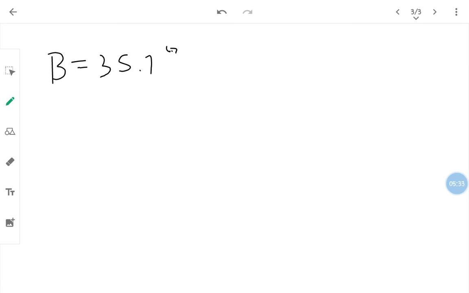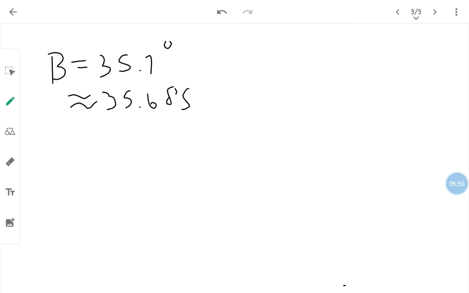Second tab and then arc sine. That is around 35.685. We just round to the nearest tenth place. I'm going to give you the direction for how we work on it: this time we are going to round to the nearest tenth place.